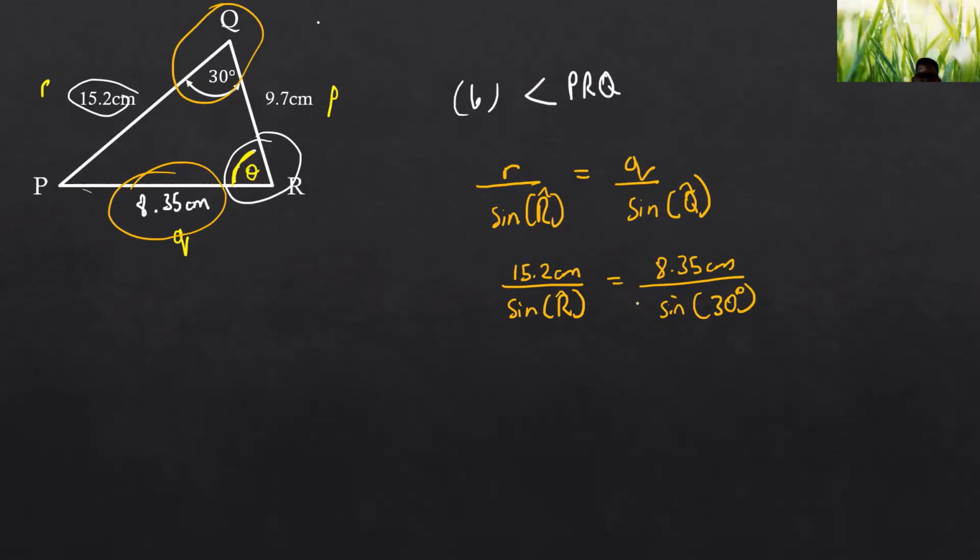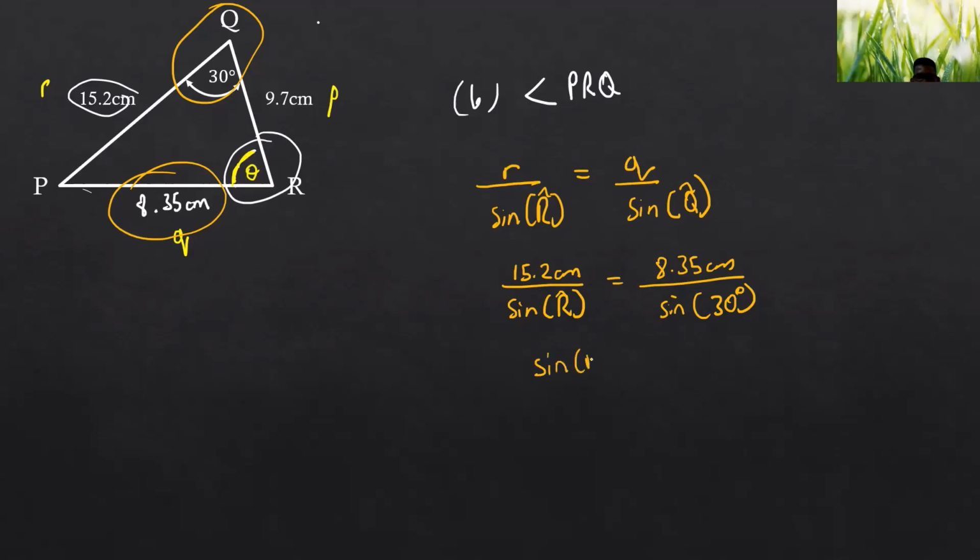So before you do anything, when you have your subject in the denominator like this, what you can do is flip both sides, right? Remember when we were transposing, if the subject is in the denominator, one way to change that is to flip both sides. So let's flip this side.